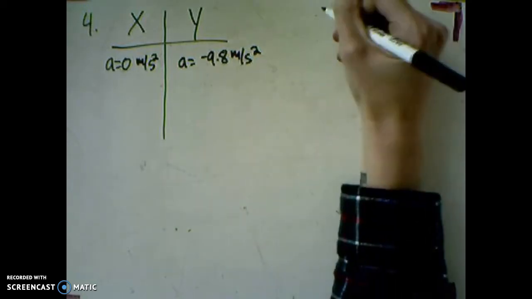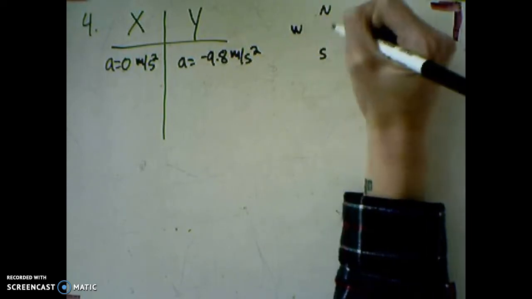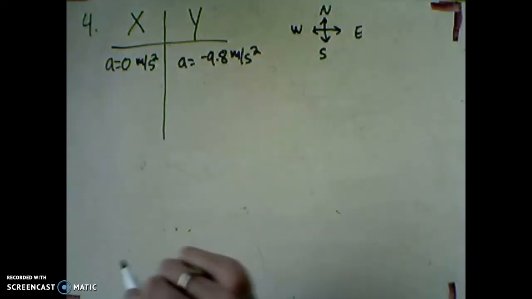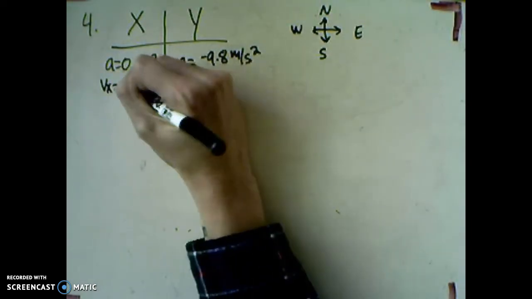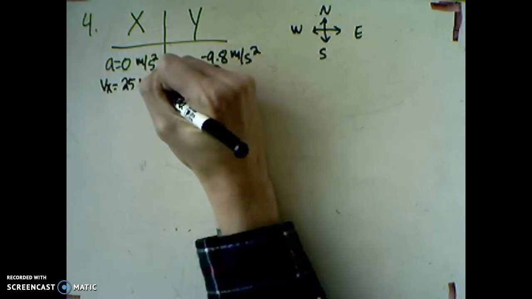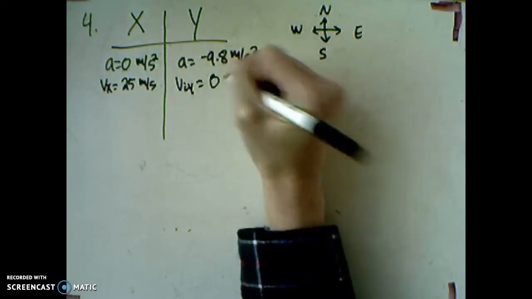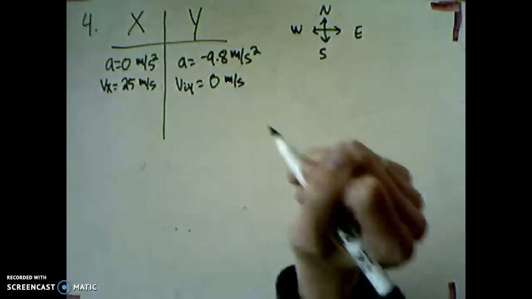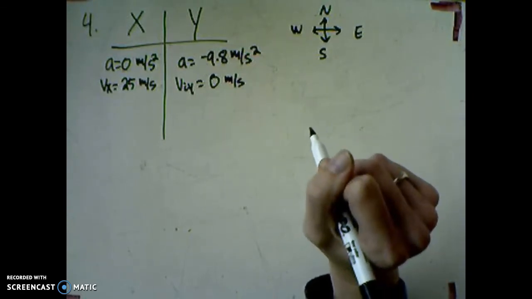That means, remember, never eat soggy waffles, that means entirely horizontally in my orthogonal axes. So my Vx is 25 meters per second, and my initial velocity in the y direction is 0. So east, again, when it says east and only east, means directly horizontally, or in the positive x direction.